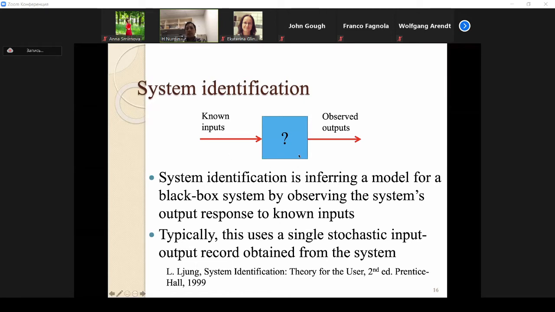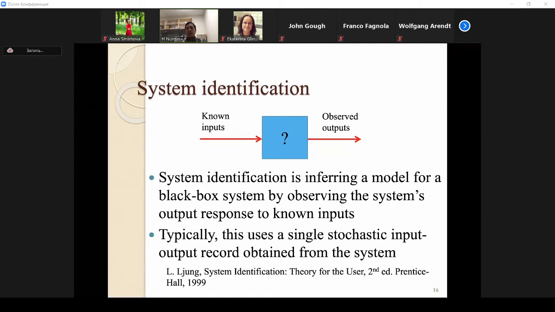For example, you may be interested in a system, but you don't know exactly what it is. So you try to build a mathematical model for this unknown system by sending in some inputs to the system and observing the outputs. Then, based on the input-output data, you try to infer a model for what's inside your black box. Typically this is done using just a single stochastic input-output record that you obtain from the system.